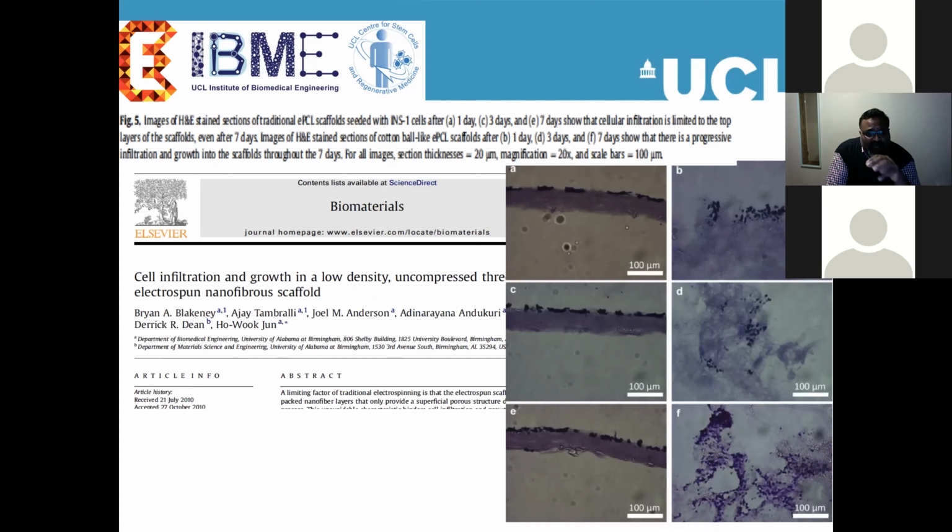Now, with making a scaffold for tissue engineering, what a lot of people do is they make a piece of gauze-like structure and they seed it with cells and they transplant it. The problem with that is that the gauze porosity determines the full integration of the cells.